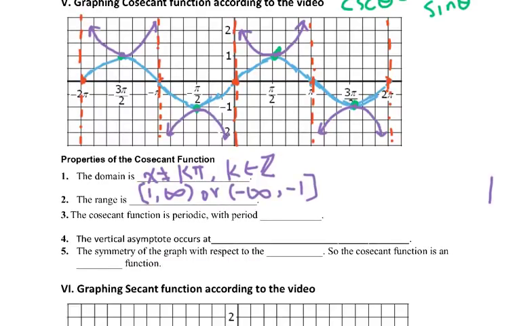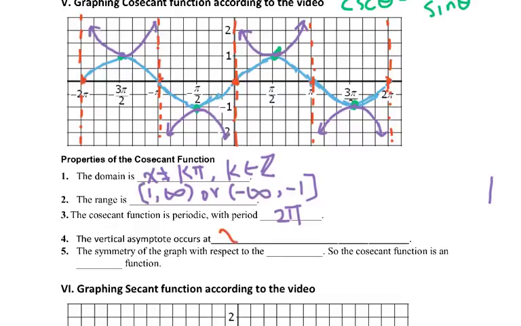Definitely, cosecant theta is a periodic function. The period is 2 pi because every 2 pi it repeats. The vertical asymptote occurs at, just look at the domain. The domain is not equal to k pi, because at k pi there is an asymptote line.